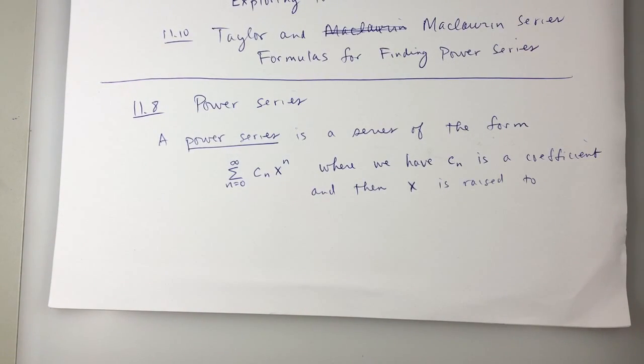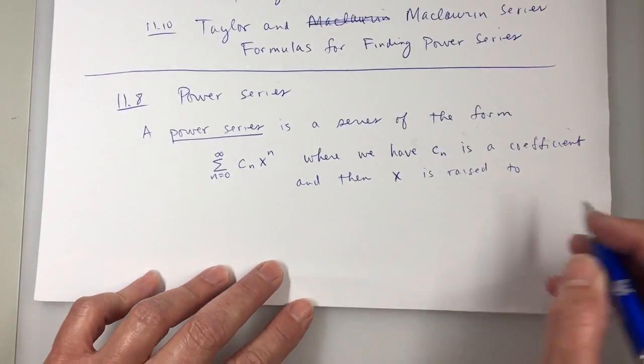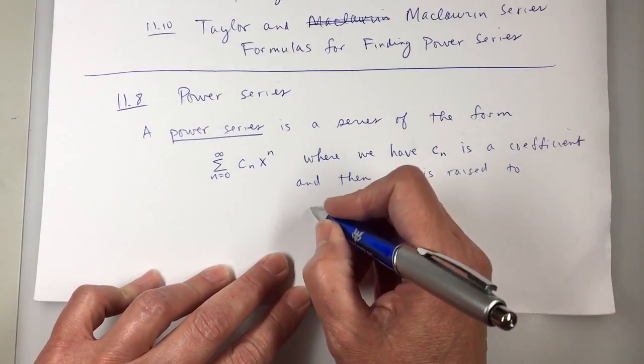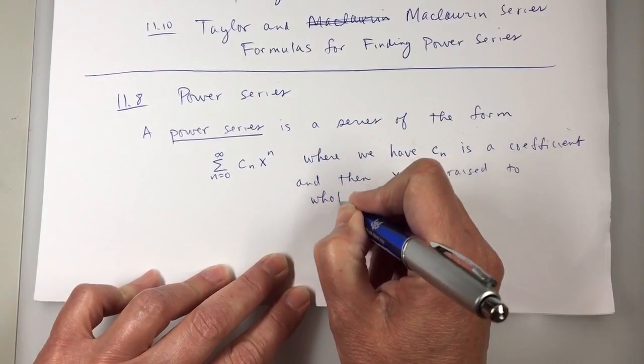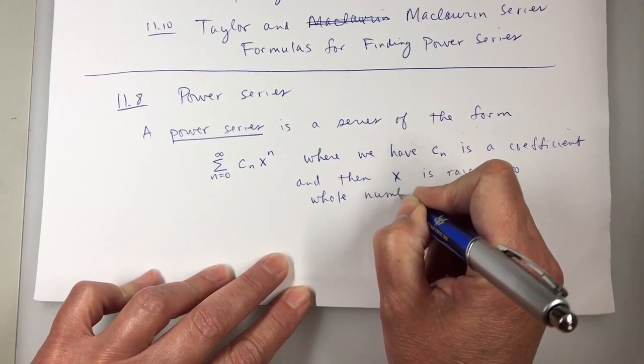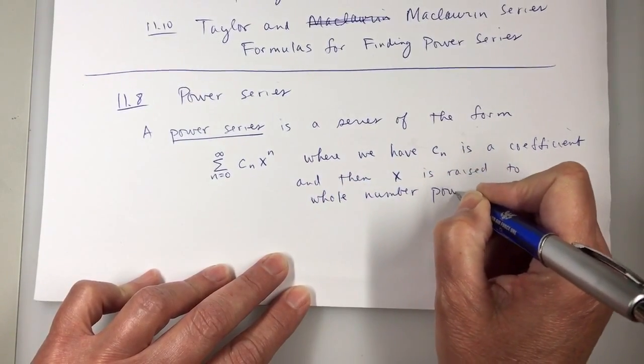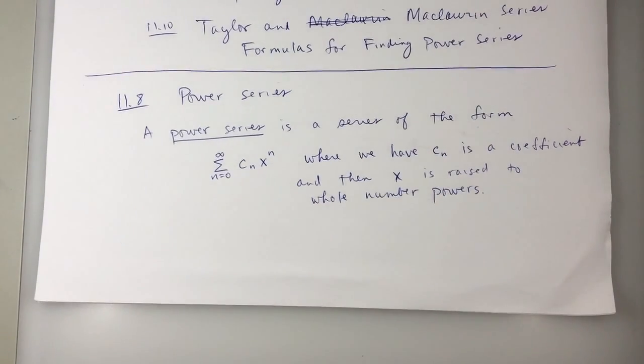I want to say positive integer powers, but you could have x to the 0. So x is raised to whole number. How about that? Whole number powers. Because whole number, 0, 1, 2, 3, 4, 5, 6, those are the whole numbers, and so on.